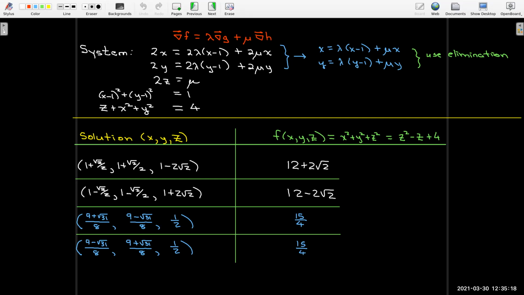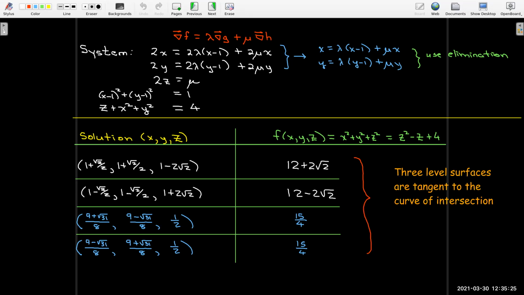And so I get 3 different values here. And geometrically, that's telling me that there are 3 level surfaces tangent to the curve of intersection. So I have a level surface that is tangent to the curve of intersection at 2 points, these 2 points right here.